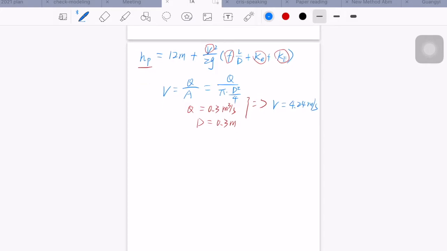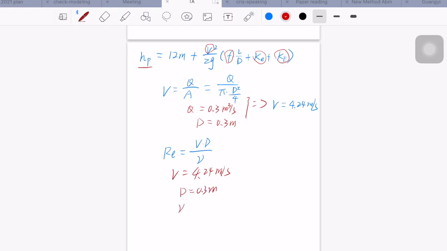And now we can determine the Reynolds number. So Re should be equal to V times D divided by nu. We know V is 4.24 meters per second, and D is 0.3 meters.